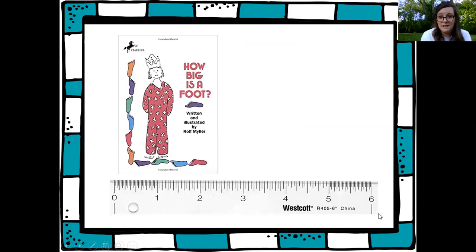And this ruler measures in inches, starting over here with 0 and going all the way up to 6. And in between the 0 and a 1 is what's called an inch. And that's the whole inch, not just part of it, the entire inch. And this ruler has 6 inches.